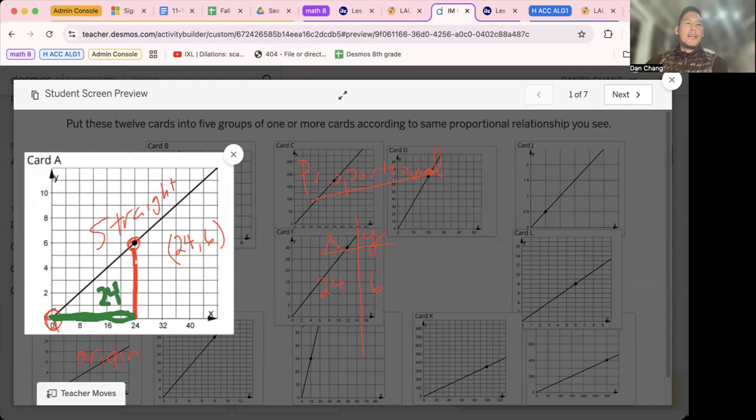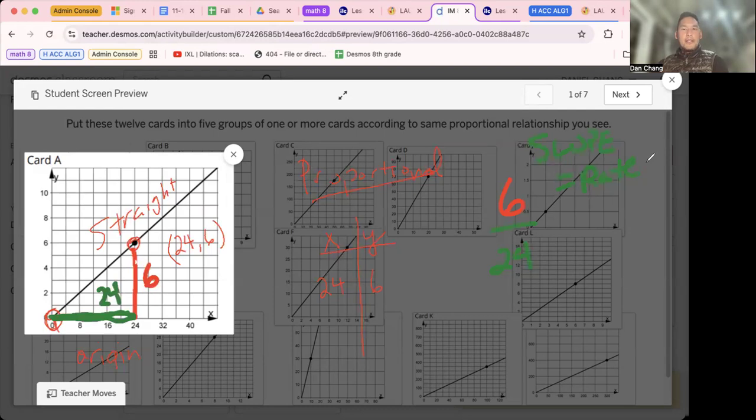That's the horizontal side. And the vertical side is 6 units long. And vertical divided by horizontal gives you slope. Now, the slope is also the same as the rate, which is the heart of your proportional relationship.